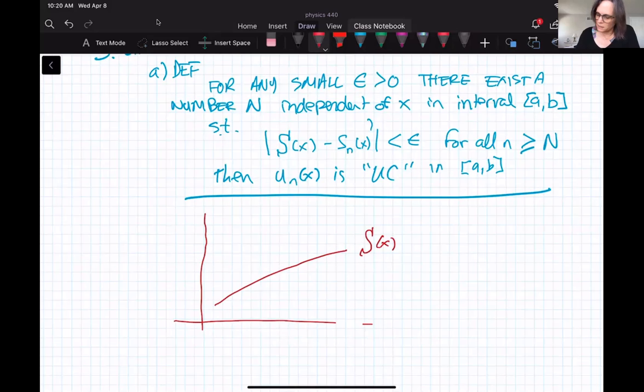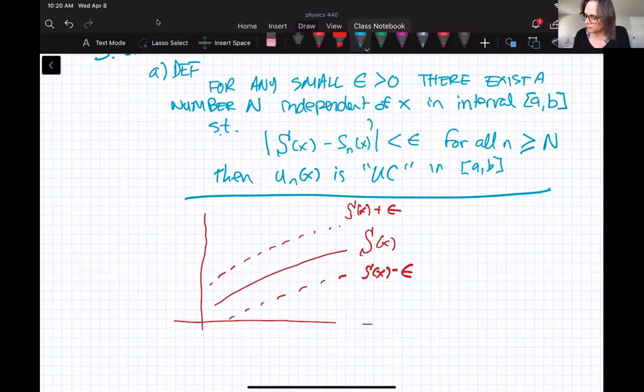What this is saying is that, consider a distance that is s of x plus epsilon, and a series that's s of x minus epsilon. Your partial sum for any given term might look something like that. That's your s sub n of x.